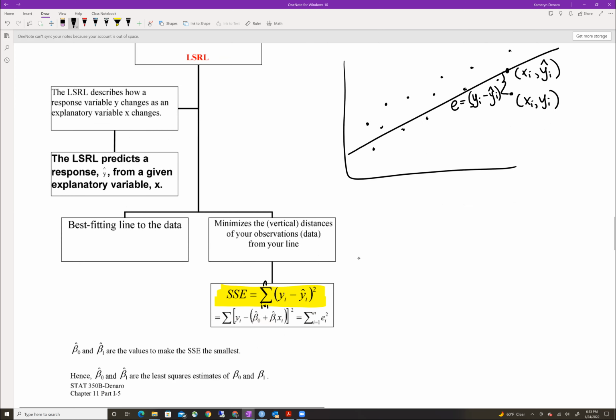So you could write that beta 0 hat is the least squares estimate for beta 0.